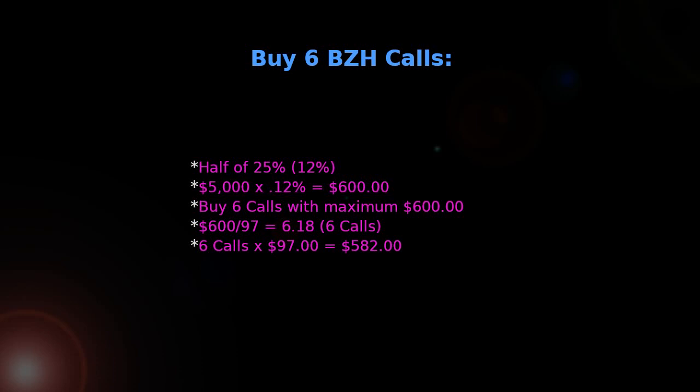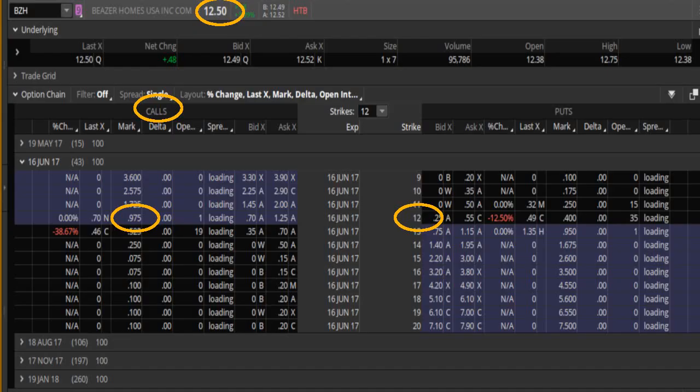Now we are buying 6 call contracts with maximum $600 with the intention of later selling those 6 calls at a profit. $600 divided by $97 equals 6.18. So we are able to buy 6 calls with $582.